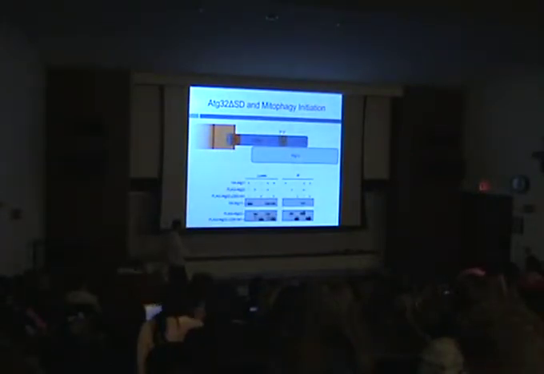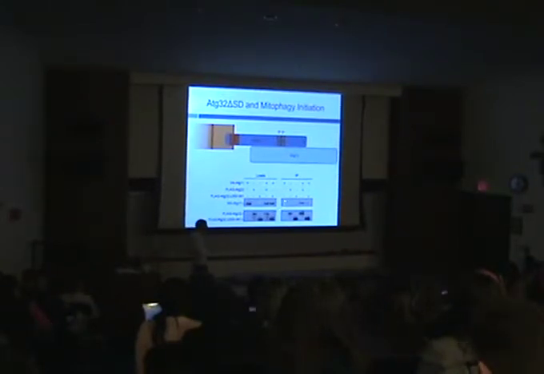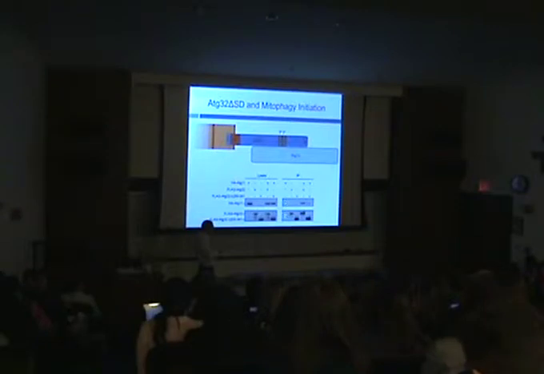So this is a co-immunoprecipitation assay. Basically what we want to know is if we isolate this protein, do we see this protein come with it? So AGG32 is shown here. AGG11 is shown here. These are the controls just showing how much protein we have, and this is the experiment showing what we've isolated. So if we have no AGG32, we don't isolate anything, despite the fact that we have a lot of AGG11.